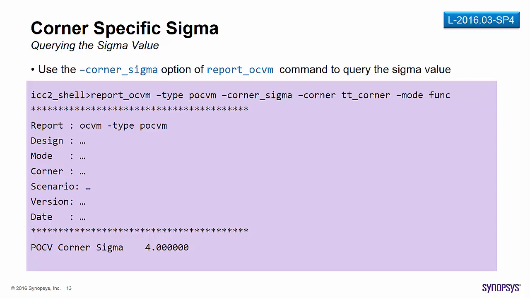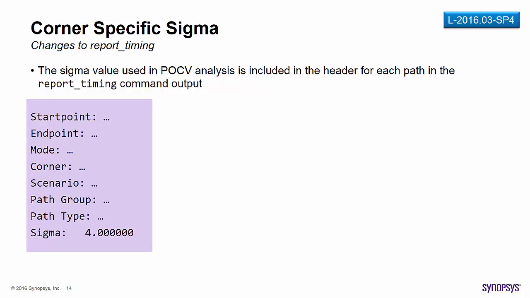Refer to report OCVM dash corner sigma option, which will show the sigma value. In this example, POCB corner sigma is 4. Also, the default timing header format is changed for POCB analysis. The default timing header will display the POCB sigma value.